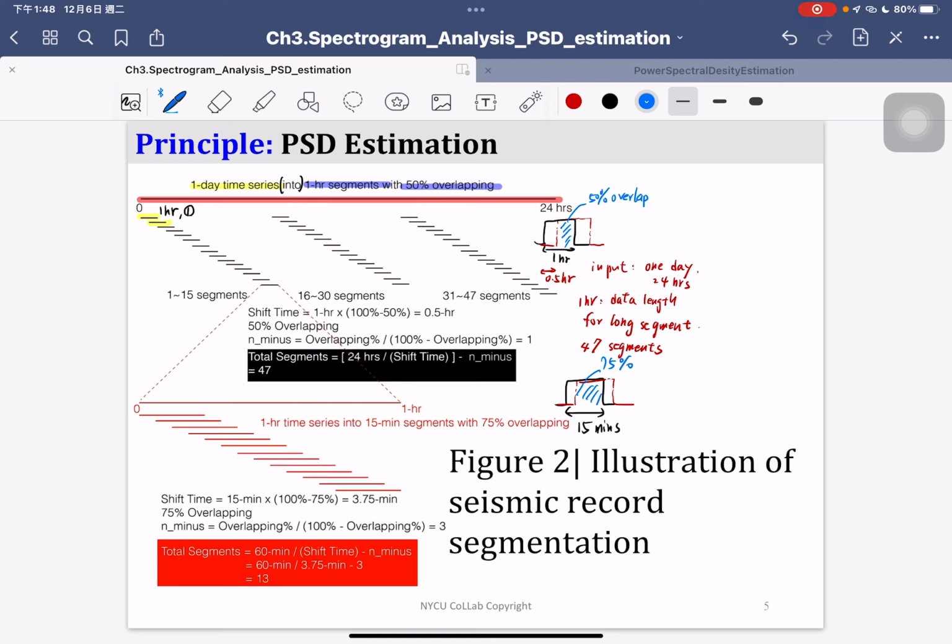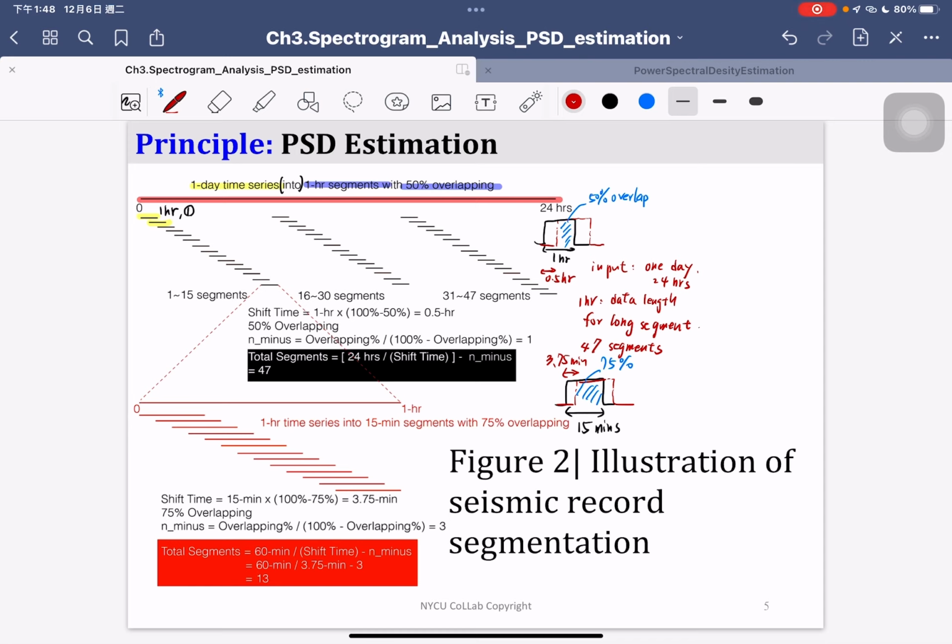So let's indicate here, you need to know the moving step here is 3.75 minutes. Because I would like to move to the next window, but I only move 3.75 minutes, which allows the overlapping area in here to be 75%.